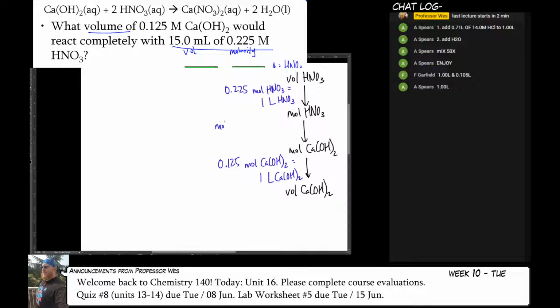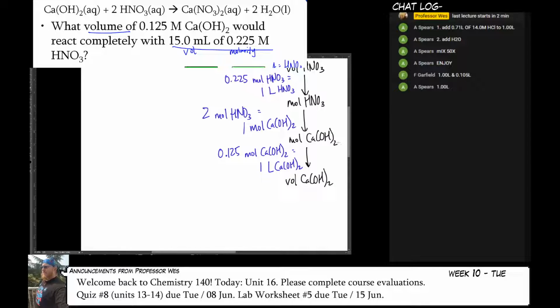Okay, how many moles of nitric acid to how many moles of calcium hydroxide? Well, according to the balanced equation, I need 2 of these for every 1 of those that I have. All right, let's write it all in. So I'm starting with 15 milliliters. Now, obviously, we're working with liters, so we're going to need to convert that to liters.